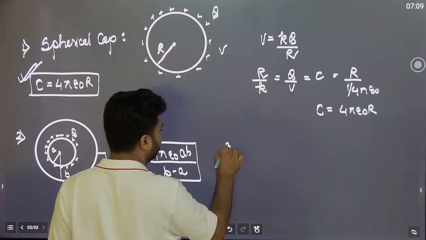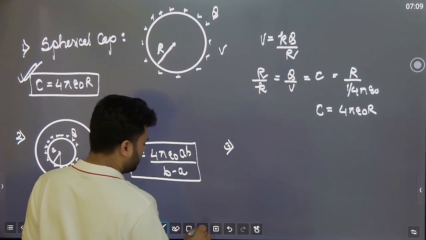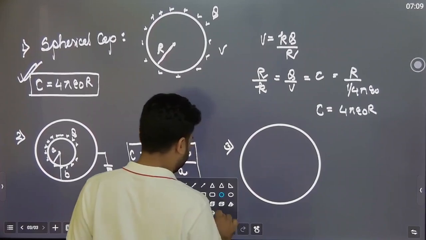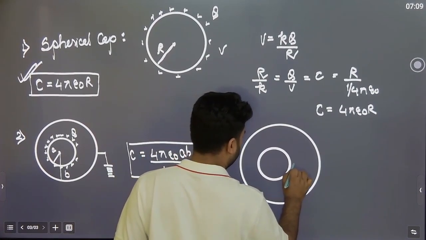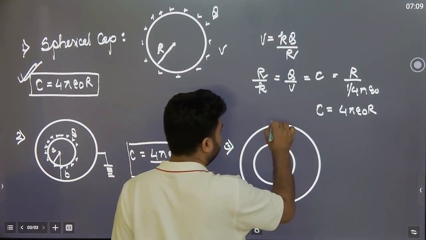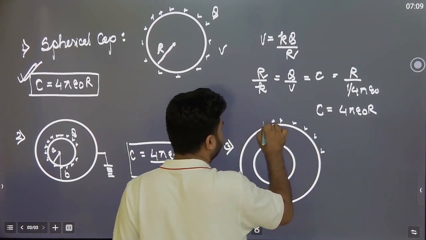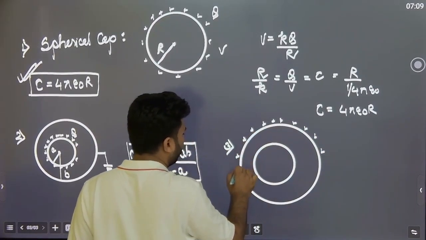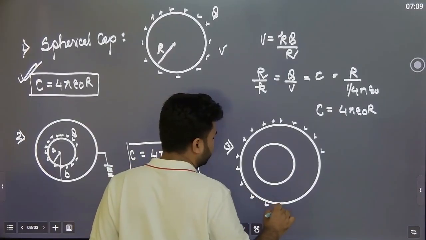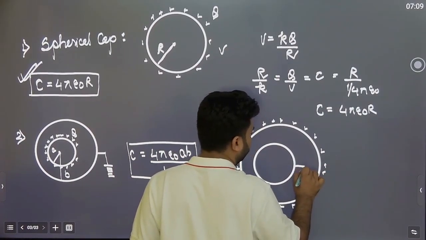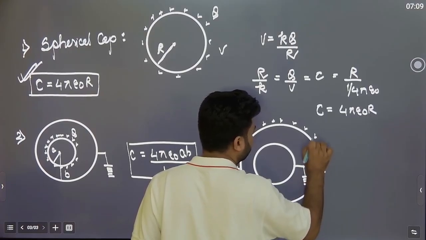Similarly, third they ask, same like this, but this time the external sphere they will give charge. Suppose we are charging the external sphere and we are earthing the internal sphere.